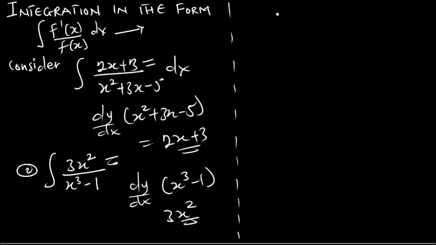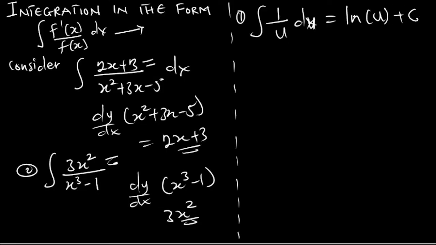So now we know from simple analysis, when we were writing the special case, we saw the integral of 1 on u with respect to u is equal to ln of u plus c. Are we okay?